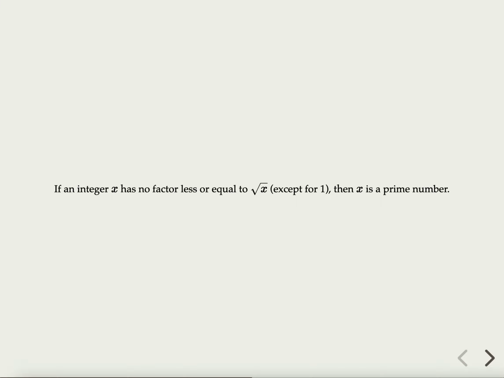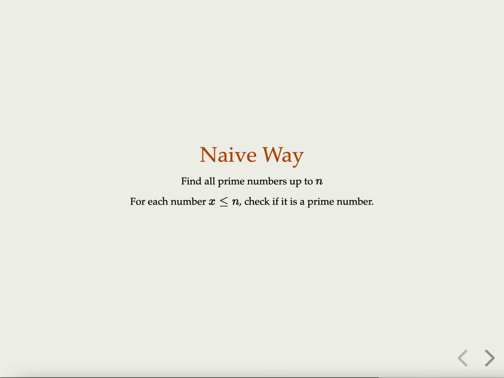Okay, so if you do that, the algorithm would be, in order to find all prime numbers up to n, you check each number x that is less than or equal to n, and check if x is a prime number. How do you check if x is a prime number or not? You do another for loop, and you check each integer that is no greater than the square root of x.